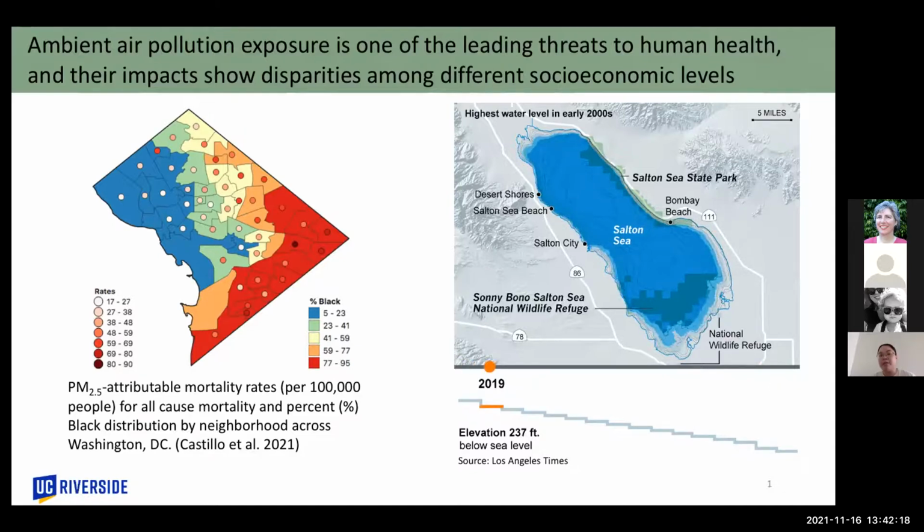In general, people with lower socioeconomic status tend to experience higher air pollution levels and also associated health outcomes. And these people live close to some major air pollution sources, and one of them is the shrinking of inland lakes.